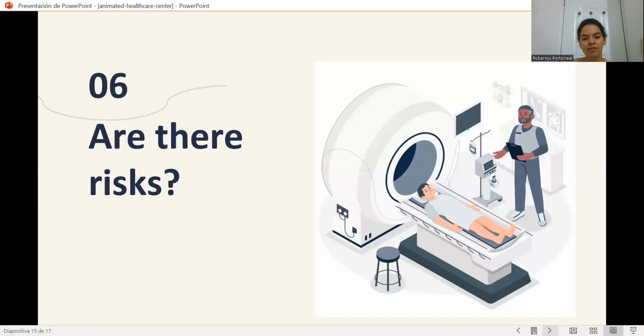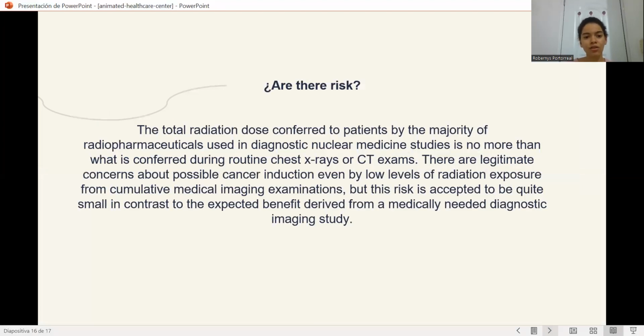And are there risks? The total radiation exposure to patients by the majority of radiopharmaceuticals used in diagnostic nuclear medicine studies is no more than what is conferred during a routine chest X-ray or CT scan.